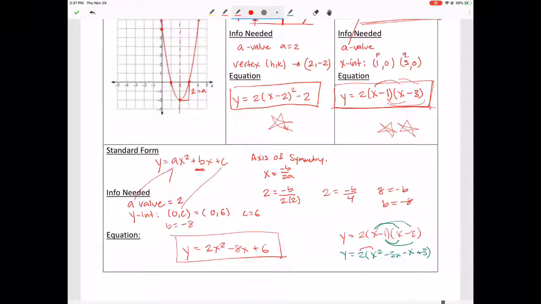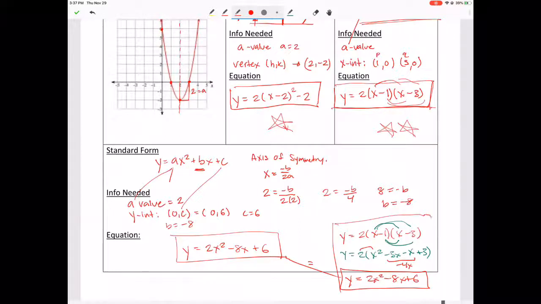Actually, I would combine like terms first. So you combine these like terms, that gives us negative 4x. And then I would distribute. That gives us y equals 2x squared minus 8x plus 6. All right, and those are equivalent. Okay, so either way is fine.